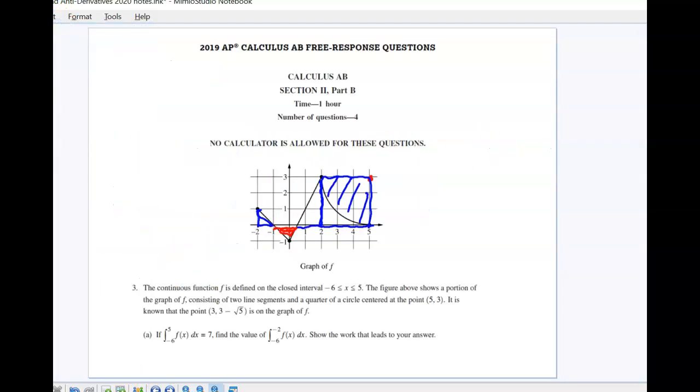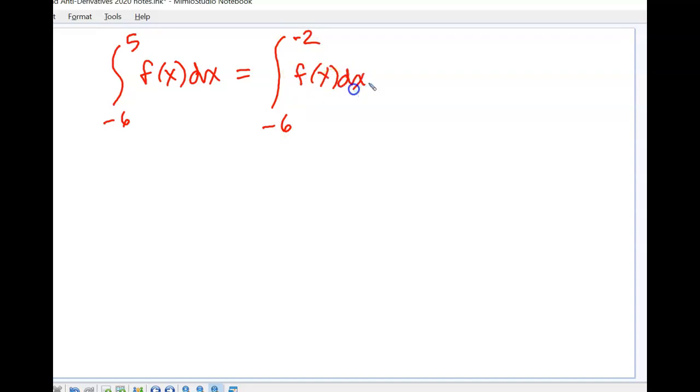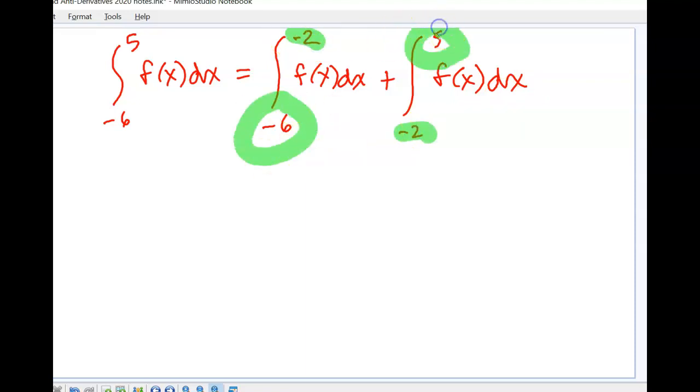We know that the integral from -6 to 5 of f of x dx is going to be equal to the integral from -6 to -2 of f of x dx plus the integral from -2 to 5 of f of x dx. Again, using that additivity property. It stops at -2 there, it starts there. It's really the area from -6 to 5. So these two things are equal.